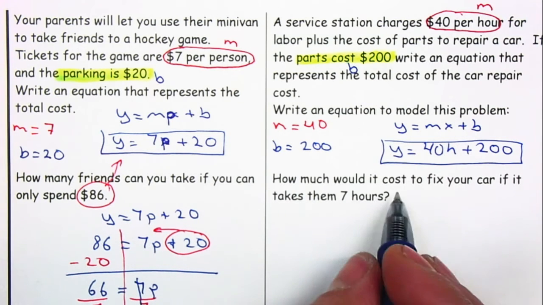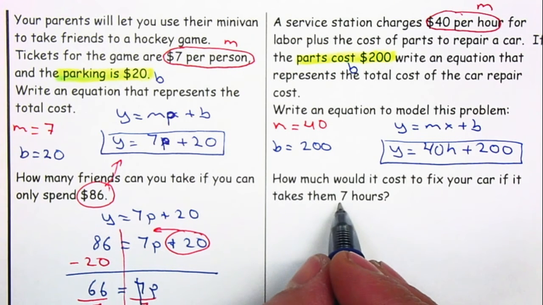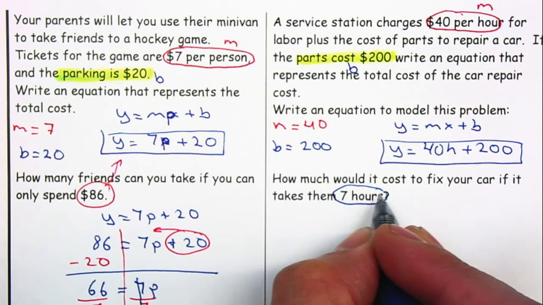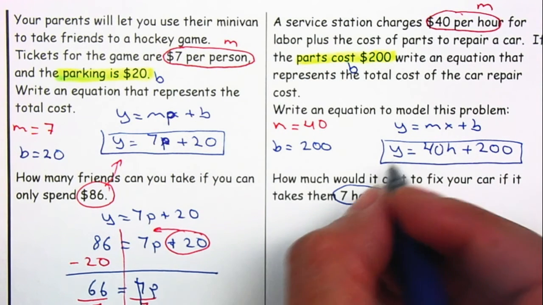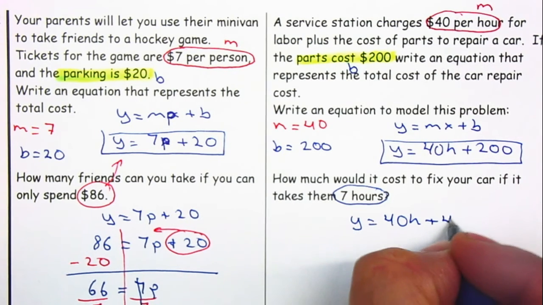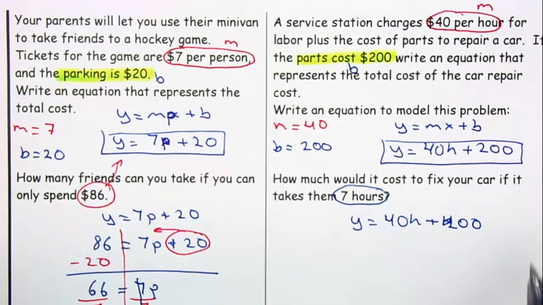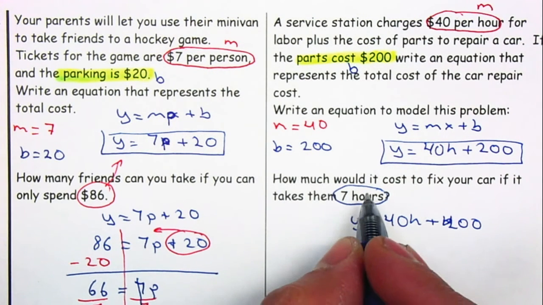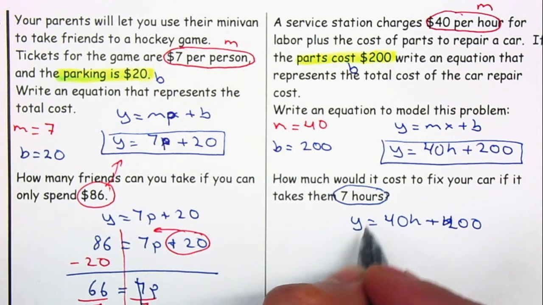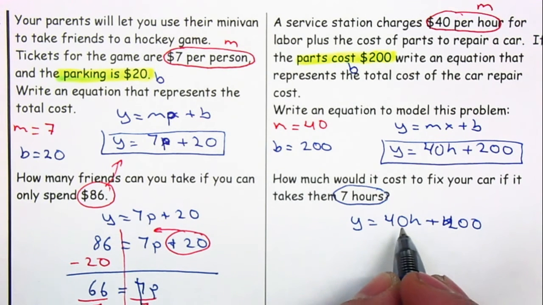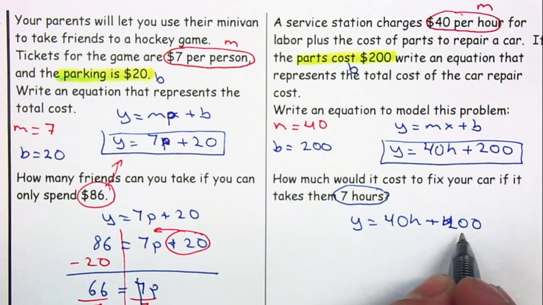Now it says, how much will it cost to fix your car if it takes them 7 hours? I need to decide, am I going to plug in 7 hours into the h or into the y? Remember, the y will give you how much money you're spending, because that's the equation. If they worked on the car for 3 hours, it will be 40 times 3 plus 200.